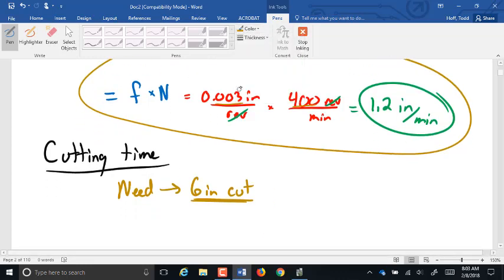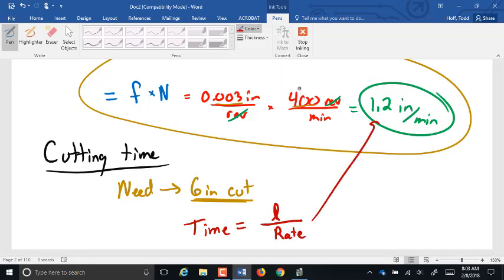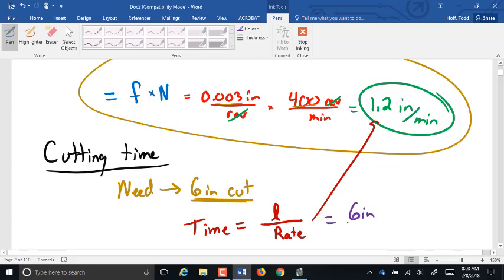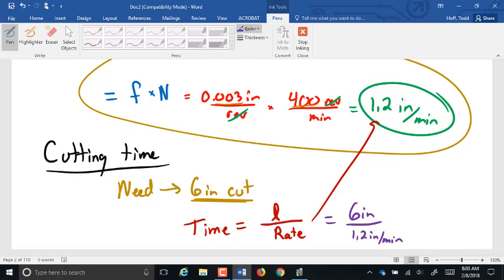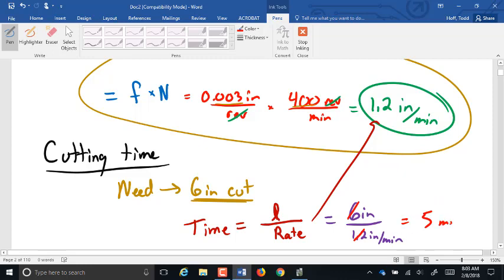Well, the time required is the length, should be L, not 1, length divided by that rate from right there. So we have a 6-inch cut divided by 1.2 inches per minute. 6 divided by 1.2 is 5. Inches divided by inches per minute is just minutes. So it'd take you 5 minutes to make that cut at that rate.